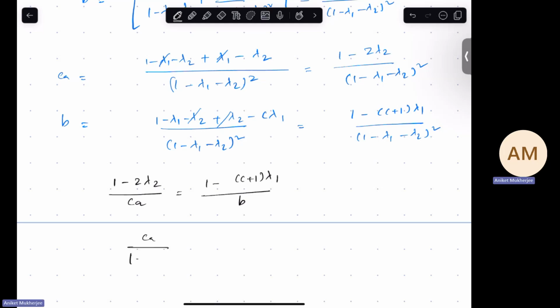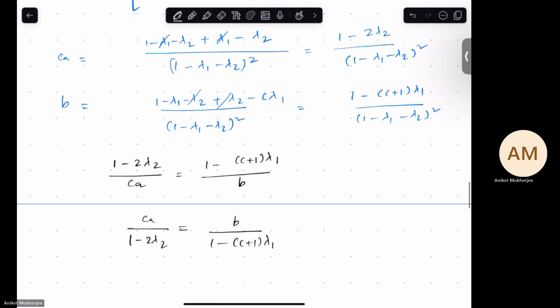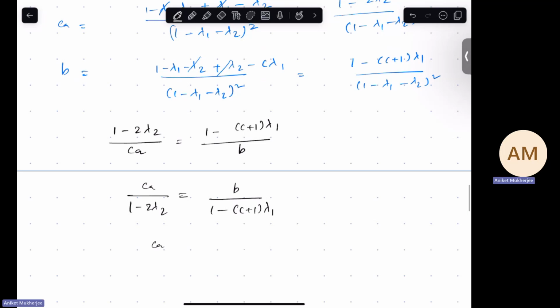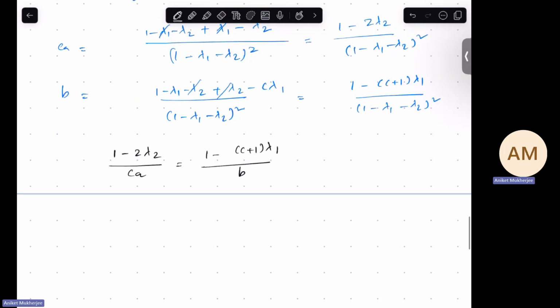We also have CA by 1 minus 2 lambda 2 equal to B by 1 minus C plus 1 lambda 1. Right?